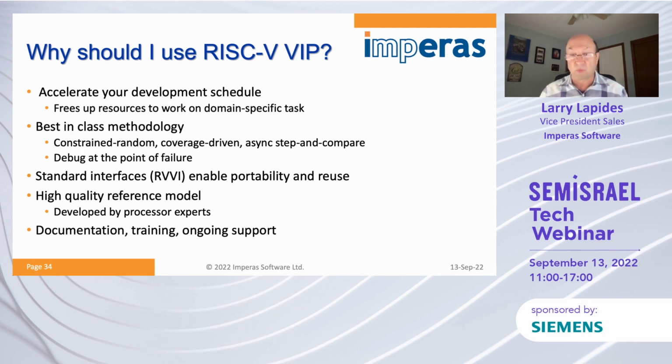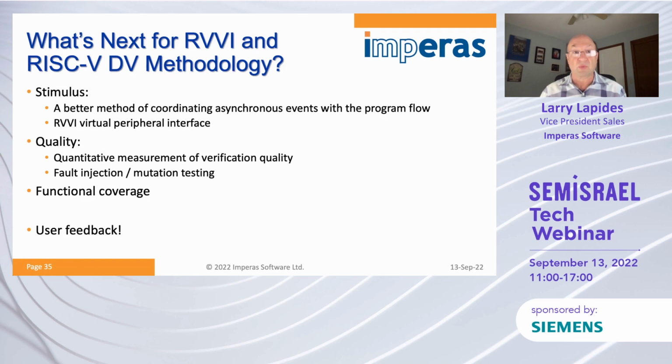So this is where we are right now. What's next? So in all these areas, improvements can be made. Stimulus, there can be a better method of coordinating the asynchronous events within the program flow. Also, we're working on extending RVPI to add a virtual peripheral interface to provide more verification capabilities, building in more scenarios.